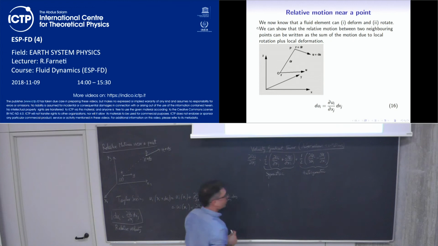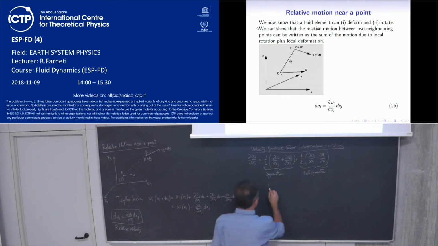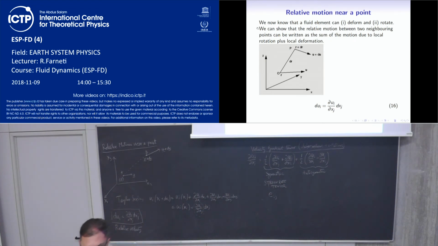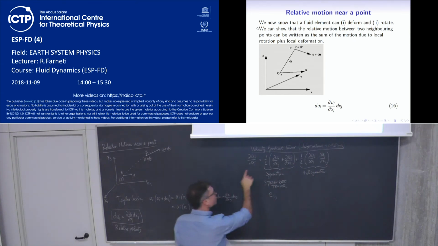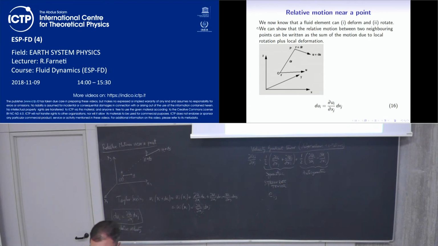And if you remember those two tensors that we talked about the last time, there was the velocity gradient tensor, and there was another tensor that was the strain rate tensor. Right? That was the strain rate tensor. So this is exactly that, the strain rate tensor. So in the velocity gradient tensor, we had the diagonal terms that were the linear strain rates, but the strain rate tensor E can also be included there.